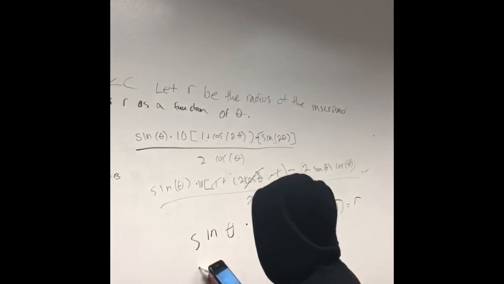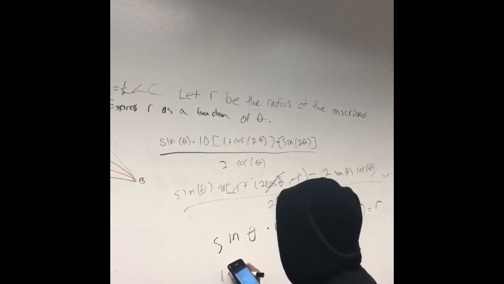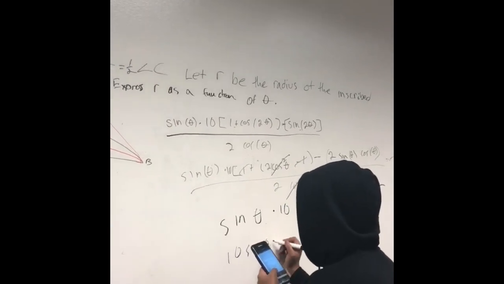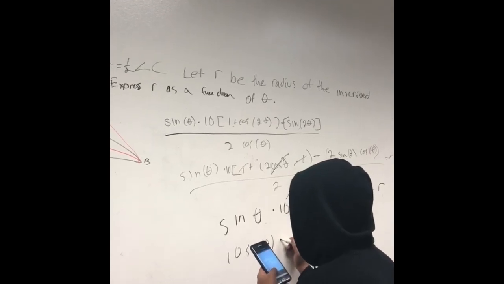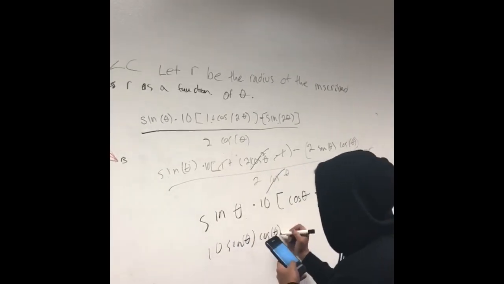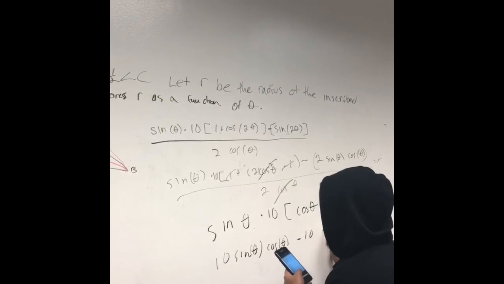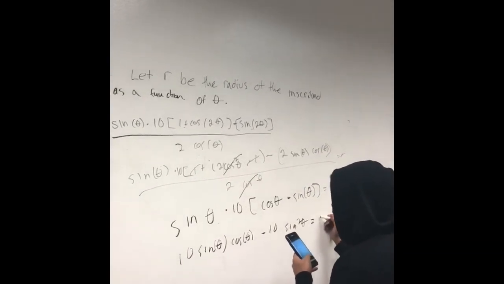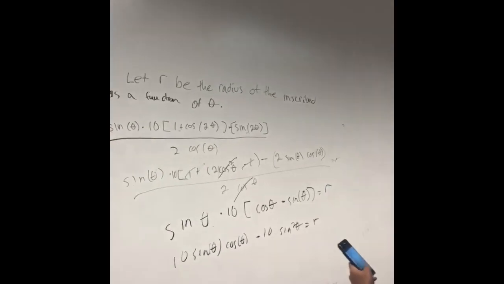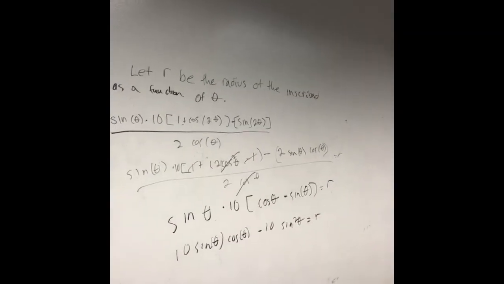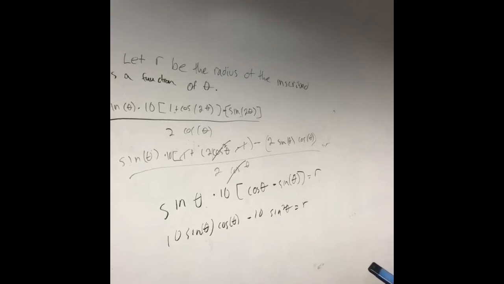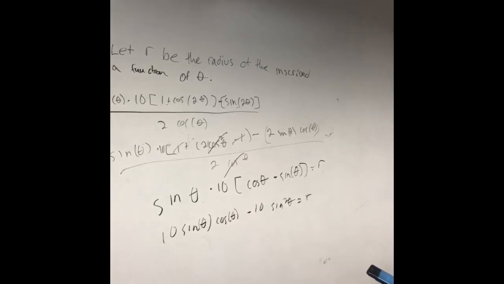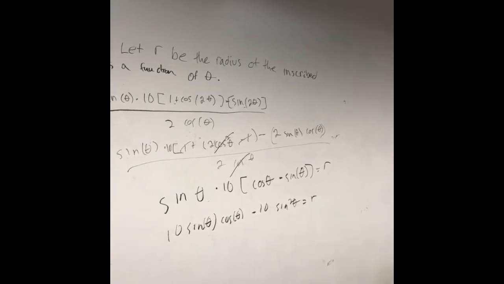Next we would distribute this into this. So we get 10 sine theta times cosine theta minus 10 sine squared theta is equal to r. Then we can make a double angle with the first part using the identity of 2 sine theta cosine theta.